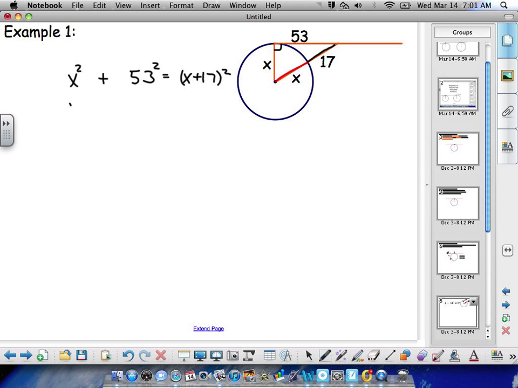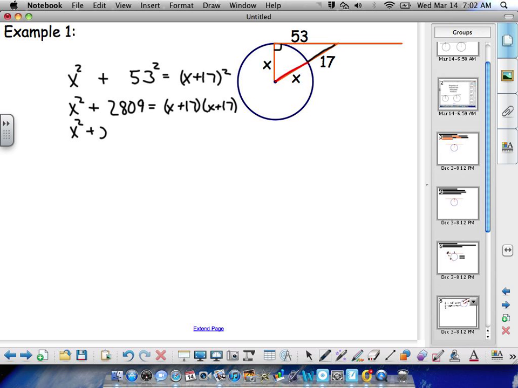Now let's solve for x. x squared stays x squared. 53 squared would be 2,809, equals x plus 17 times x plus 17.